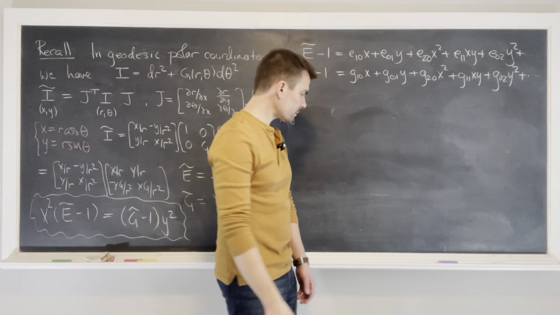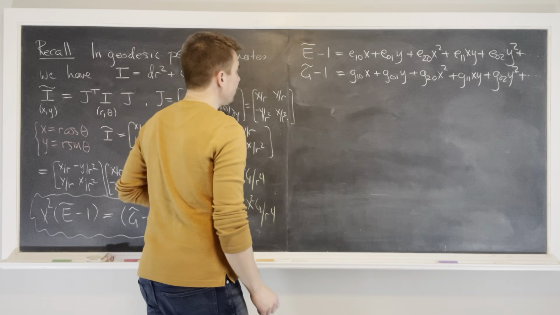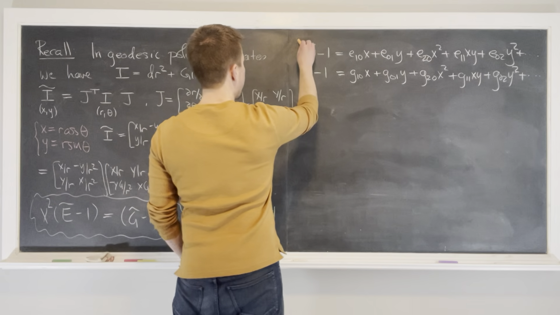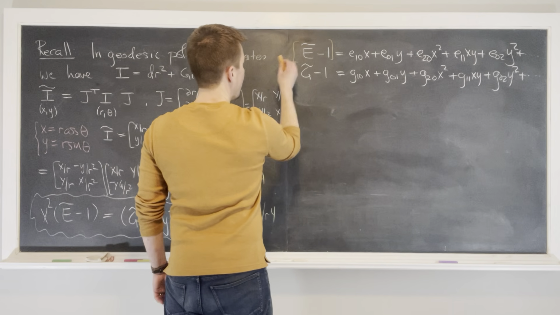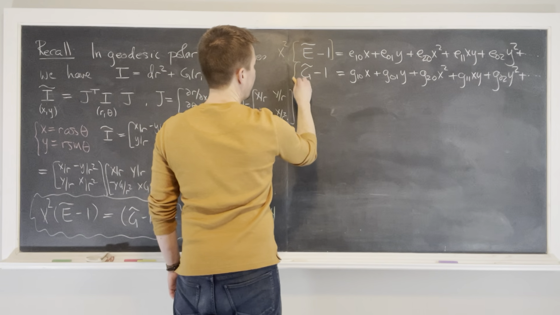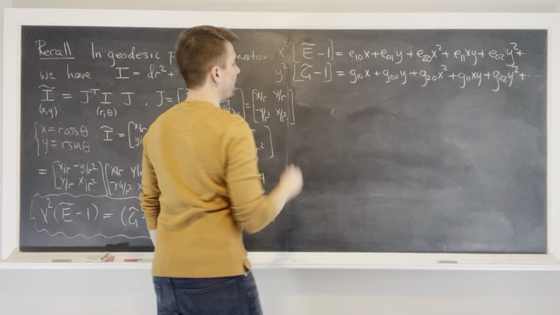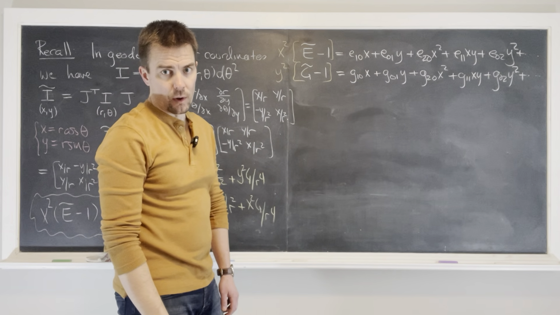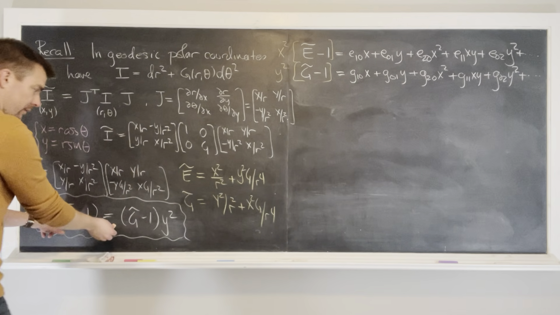Great. Now, the key feature is that if I multiply this equation over here by x squared and this equation over here by y squared, those expressions have to be equal, right? Because of this equation down over here.